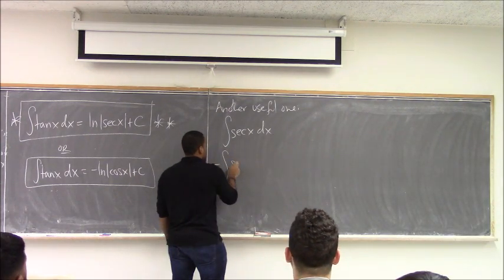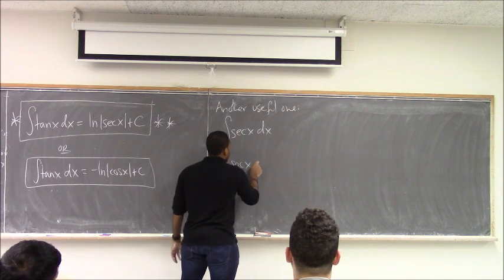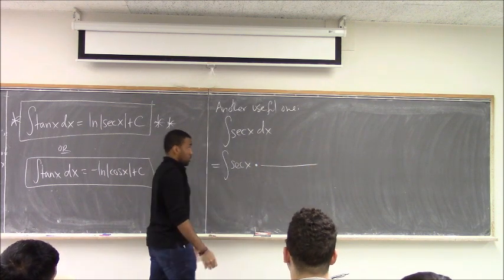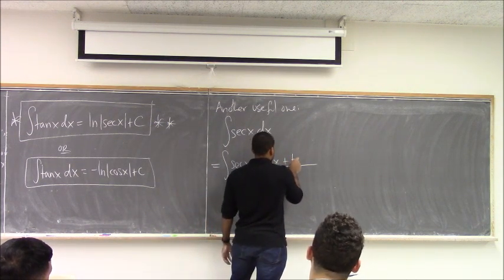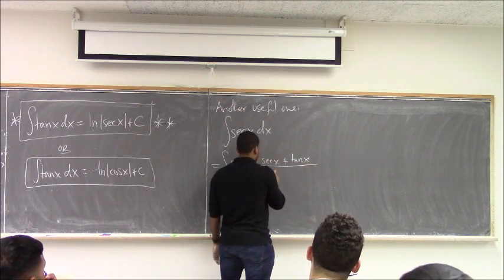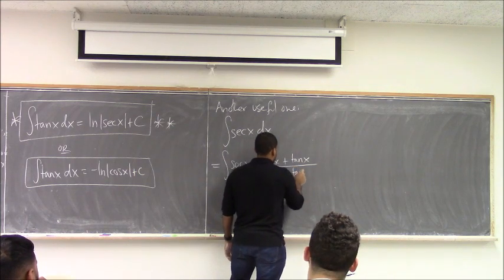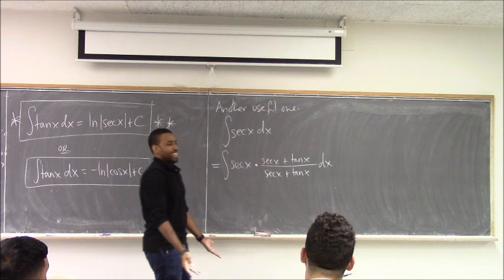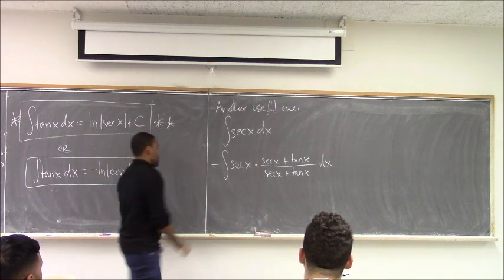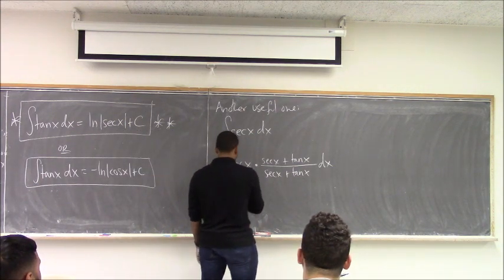And the thing that we multiply and divide by, believe it or not, is going to be the following. This is weird. Like, how did this guy come up with it, right? What is this?